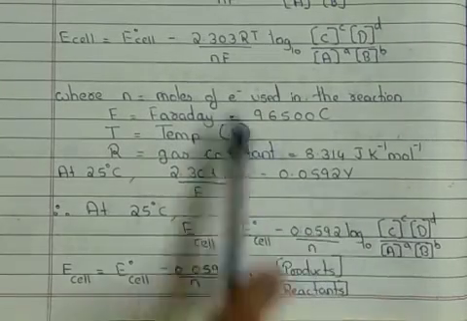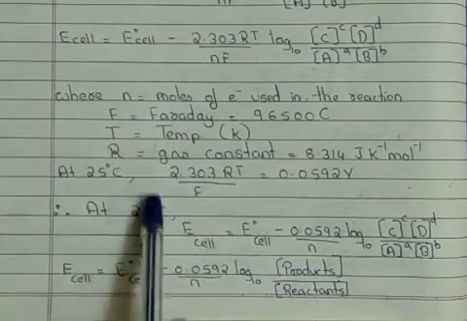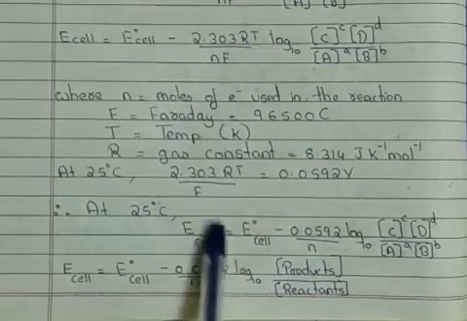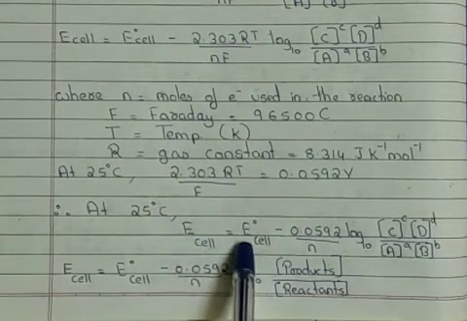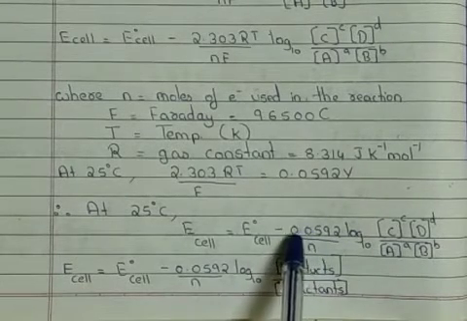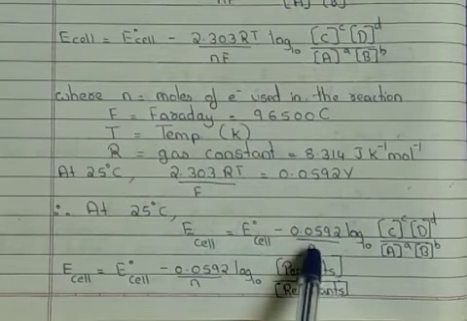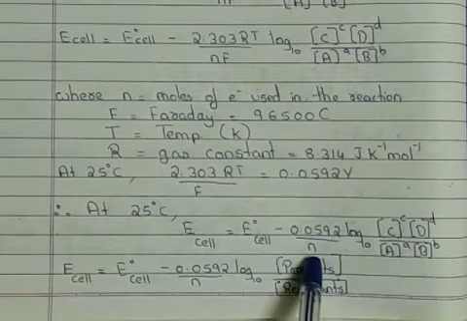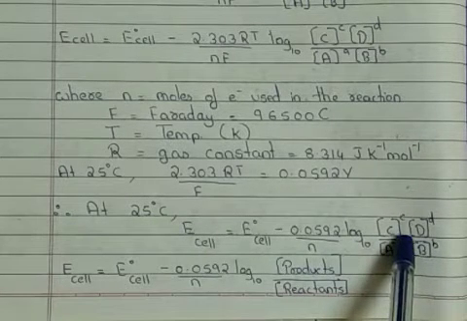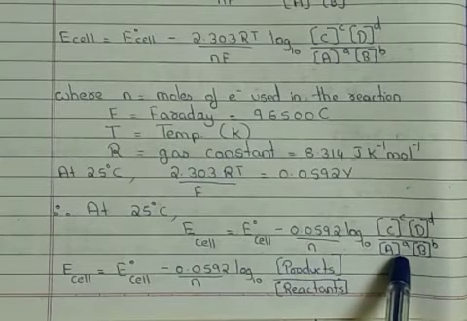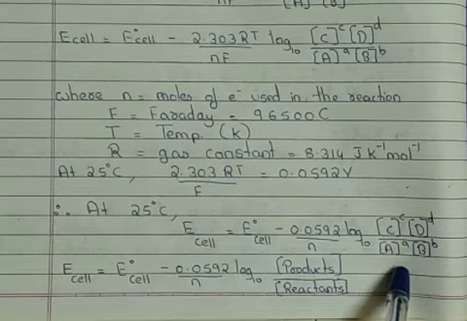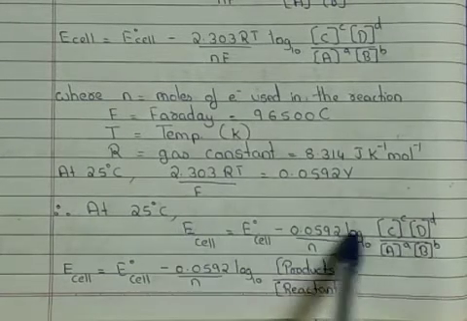0.0592. So, if I have to write down Nernst equation at 25 degrees Celsius, in place of 2.303 RT upon F, I can write E cell is equal to E naught cell minus 0.0592 upon n log to the base 10 of the product of concentrations of products upon the product of concentrations of reactants, with each concentration term raised to the power of its stoichiometric coefficient as given in the balanced chemical equation.